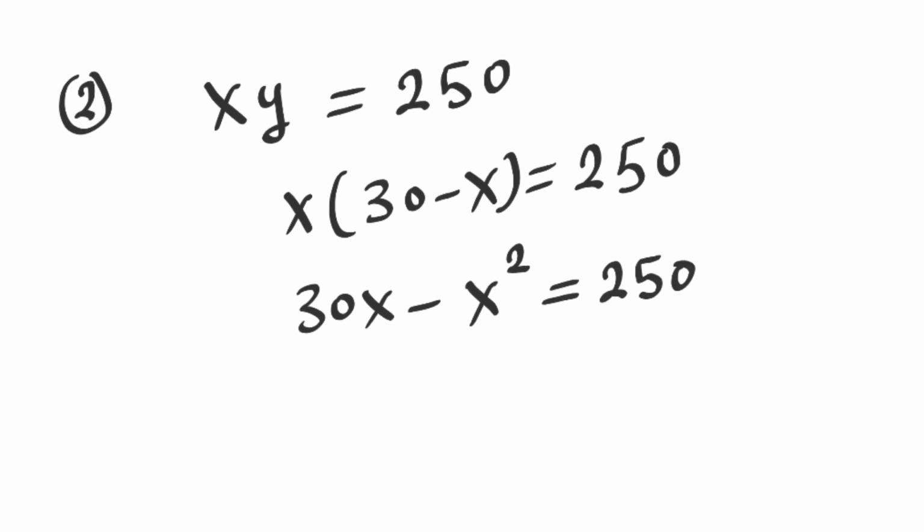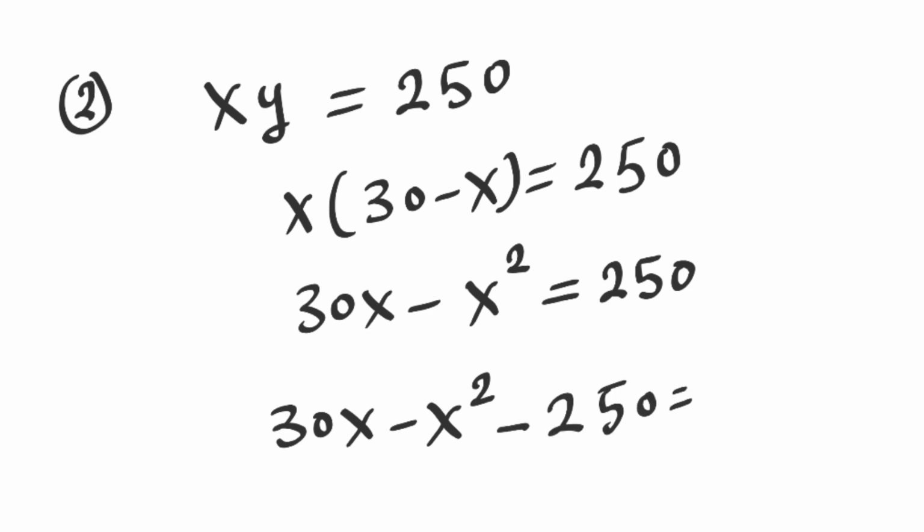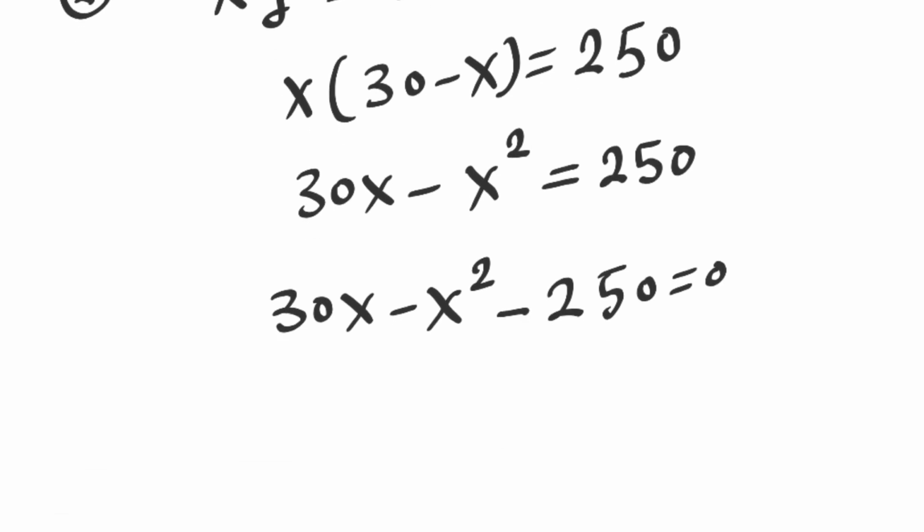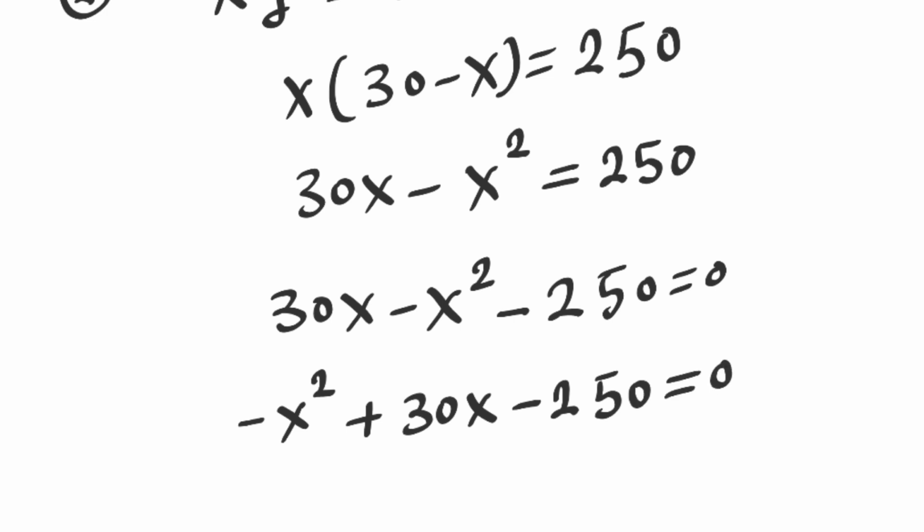This can be written as 30x minus x squared. If you equate everything to 0, we have minus 250 is equal to 0. Let us put this in standard form. Minus x squared plus 30x minus 250 is equal to 0.